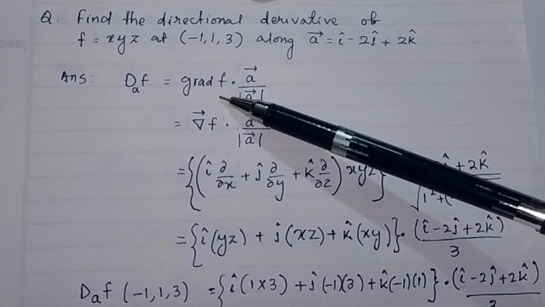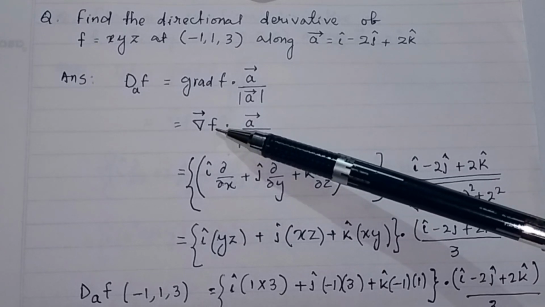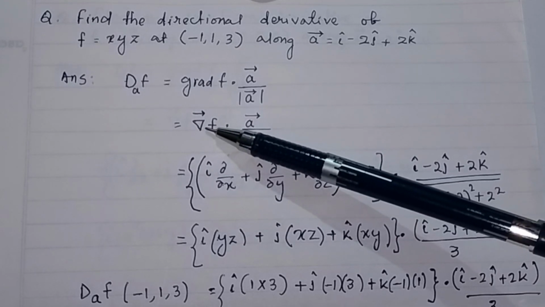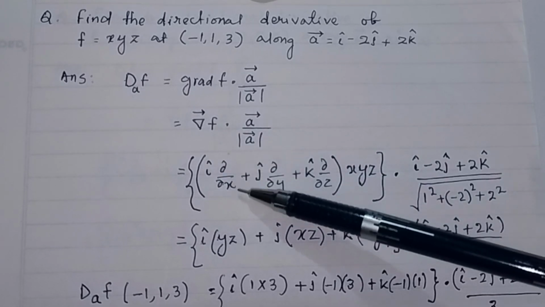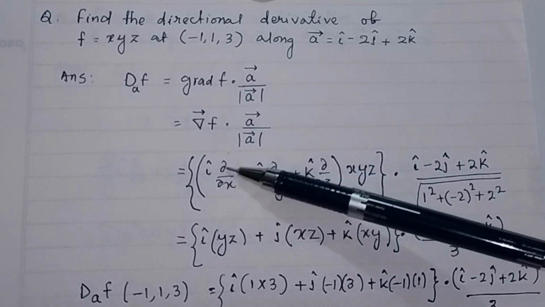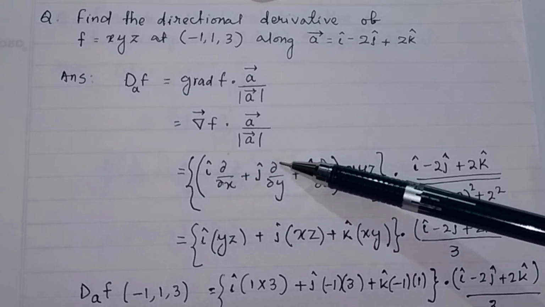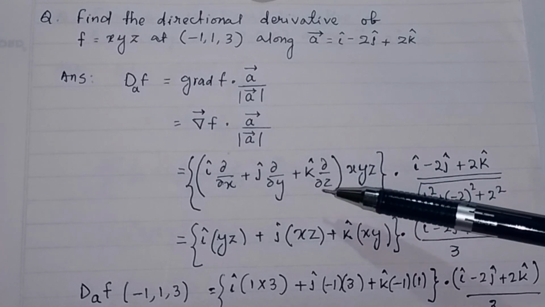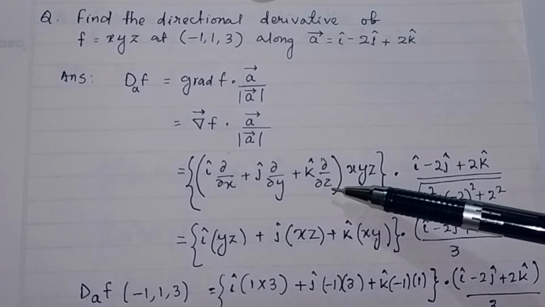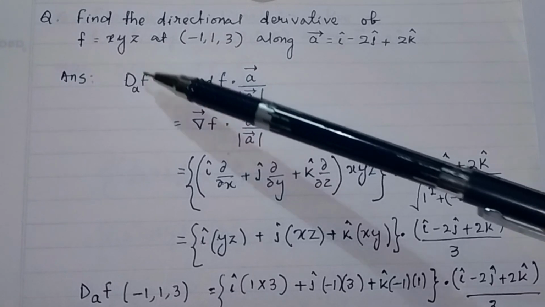And we know the gradient of a scalar function can be written as del of the scalar function, where del is the vector operator, and the del operator can be written as i cap partial derivative with respect to x plus j cap partial derivative with respect to y plus k cap partial derivative with respect to z, and the given scalar function f is equal to xyz.